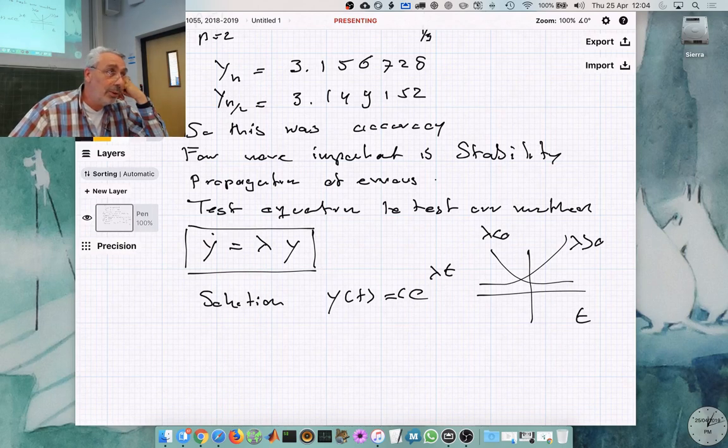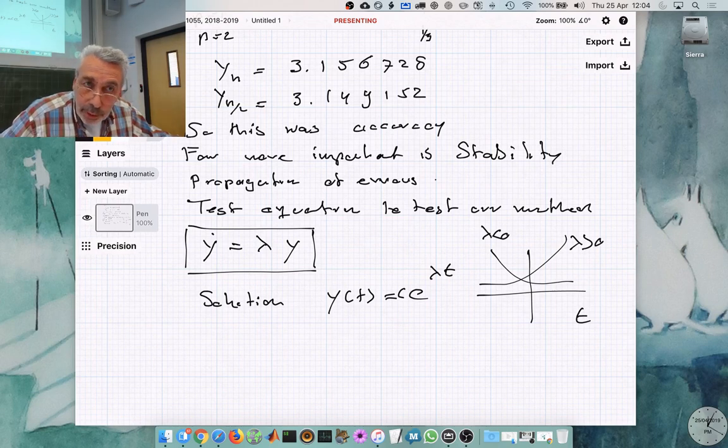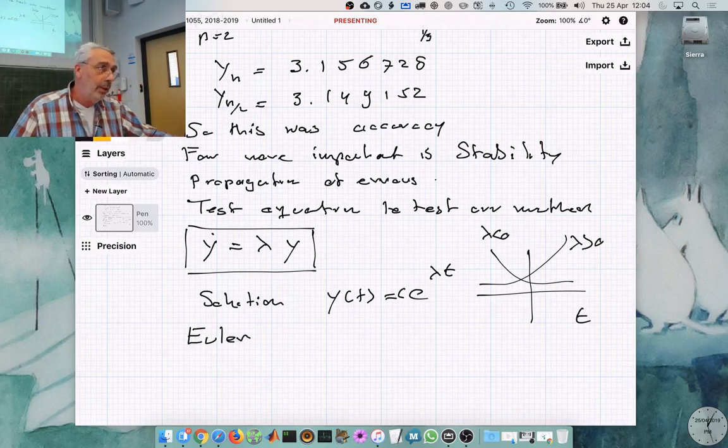So why is this function still very nice? When you don't know, there's one thing you always have to remember, and that is the following name. Euler did it all. Euler is the genius, right? Why Euler? Well, suppose that this lambda can also be not real, but complex. Why not?